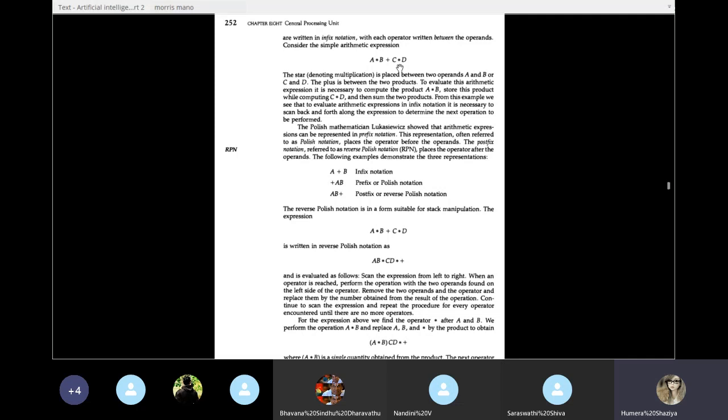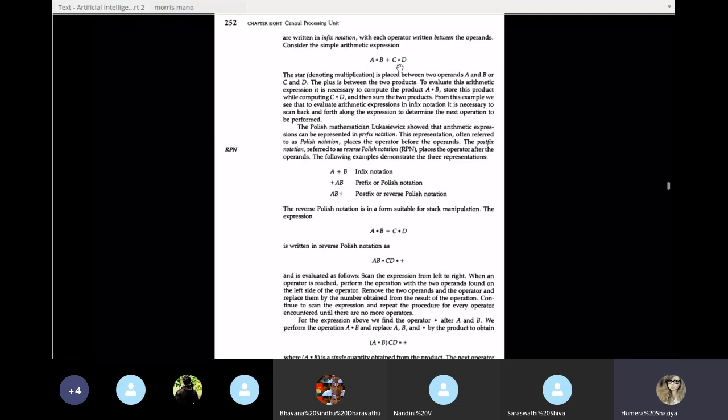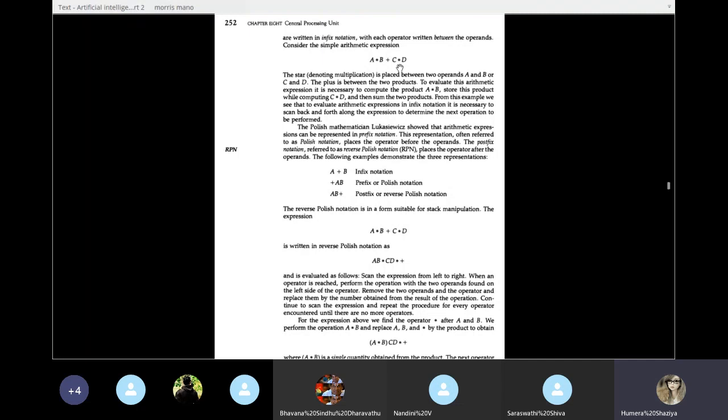So what the compiler does, when you write a program to perform this, the compiler has to execute these instructions, and then it converts this infix notation of the arithmetic expression into prefix or postfix. Okay, it depends.